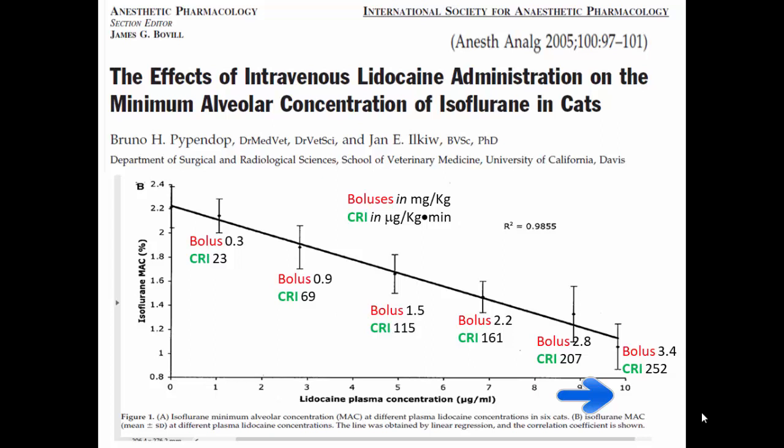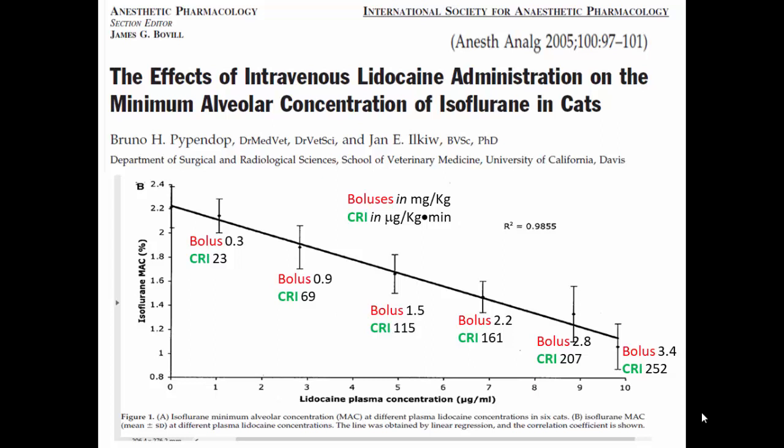And at the higher concentrations of 10 micrograms per mil, there was a 59% reduction of the minimal alveolar concentration of isoflurane that was needed to anesthetize those cats. And an interesting thing is that when they looked at the electroencephalograph recordings, they found no activity suggestive of scissoring or convulsion in those cats.